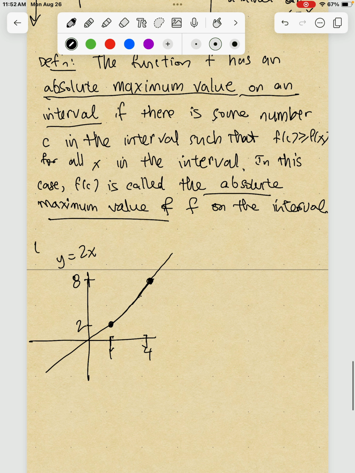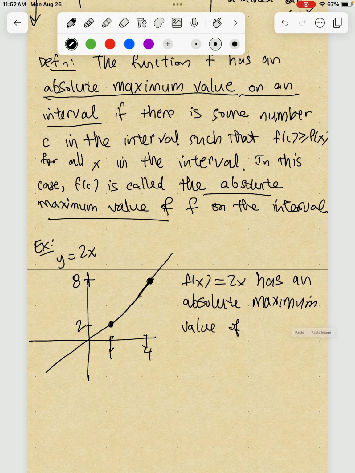And notice that the value of 8, that's the biggest value, it's actually achieved by plugging in 4. So f of x equals 2x has an absolute maximum value of 8. Now notice that the absolute maximum value is the value of the function.